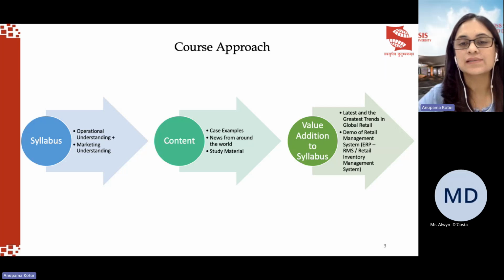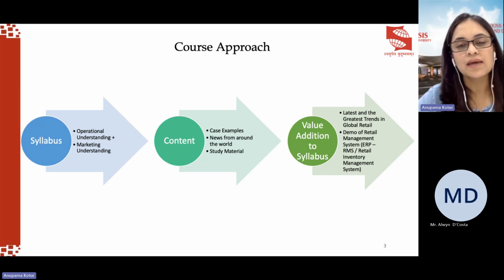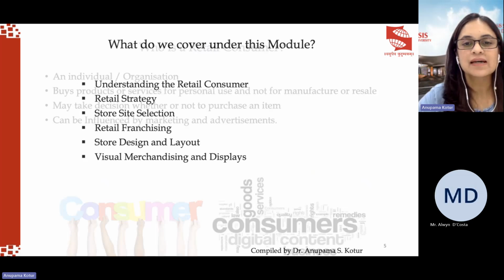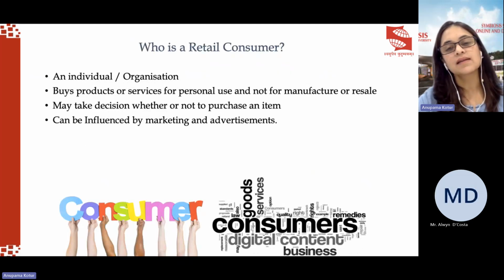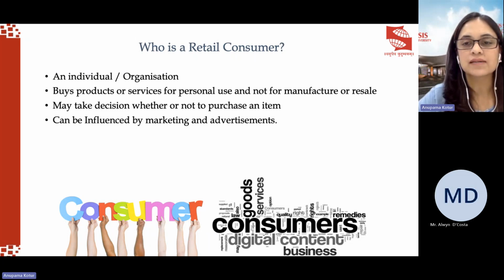Now, when I say retail strategy, this particular topic is going to comprise various strategies, beginning with consumer behavior related strategies, touching upon the locational strategies, visual merchandising, and several other dimensions when it comes to retailing, right? And we began in the last session with a brief understanding about retail consumers.